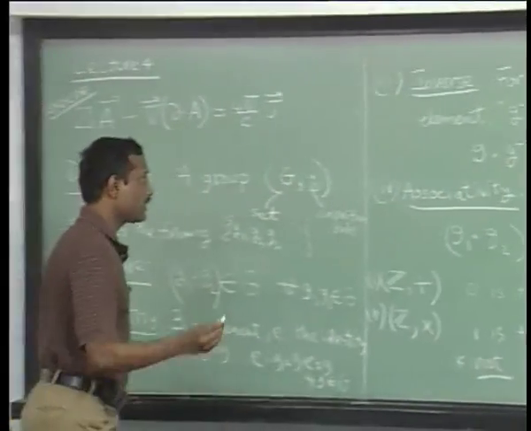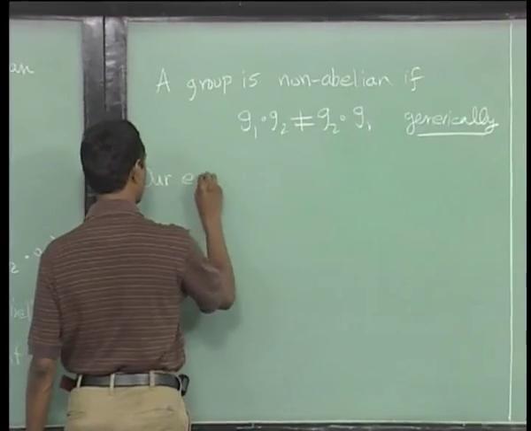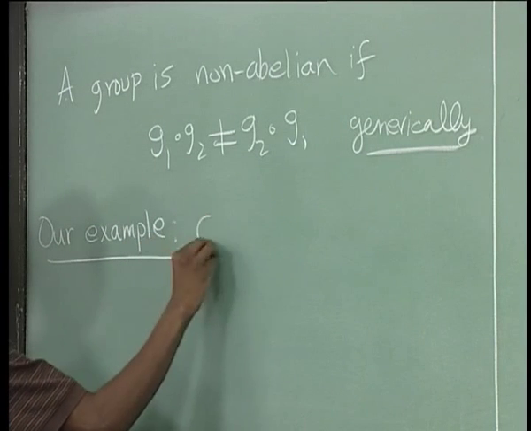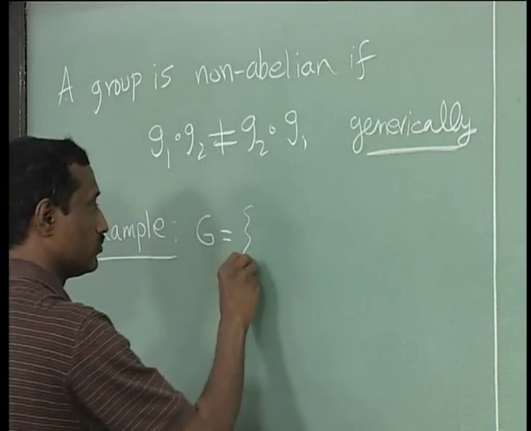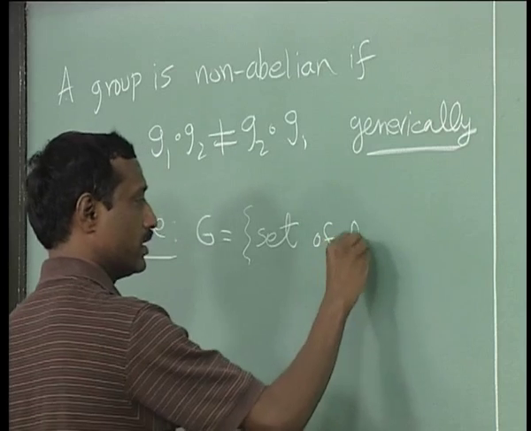So coming back to our example from last lecture, G would be the set of n by n orthogonal matrices, or D by D, right, is what I call it.